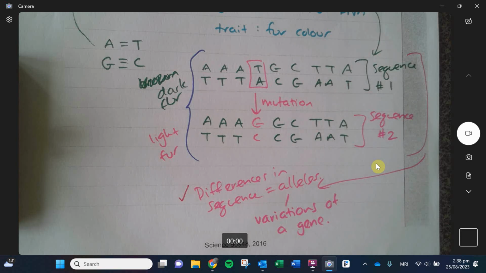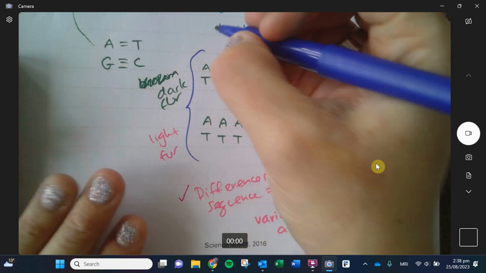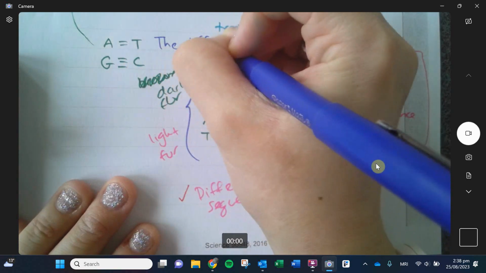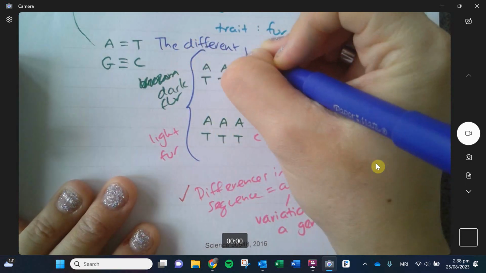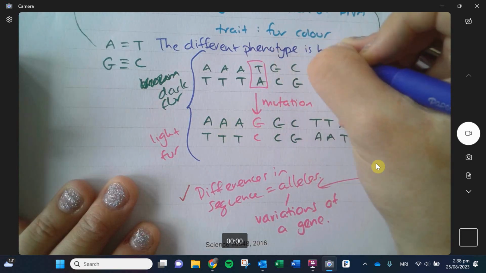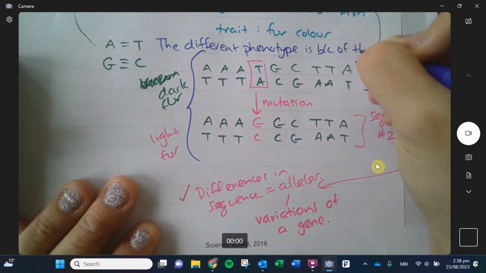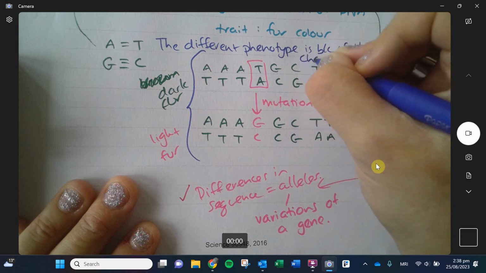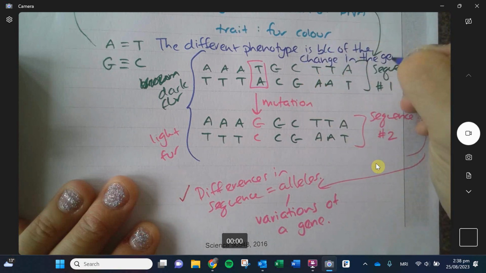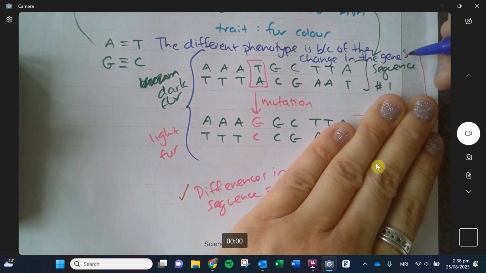For example, and then I can have this as my example. So the different phenotype is because of the change in the gene sequence. So that's what I'm saying.